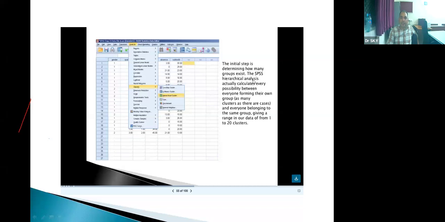The SPSS hierarchical analysis actually calculates every possibility, from everyone forming their own group, as many clusters as there are cases, to everyone belonging to the same group, giving a range in our data from 1 to 20 clusters. We start from many to one. So from 20 clusters, we go down to one cluster.